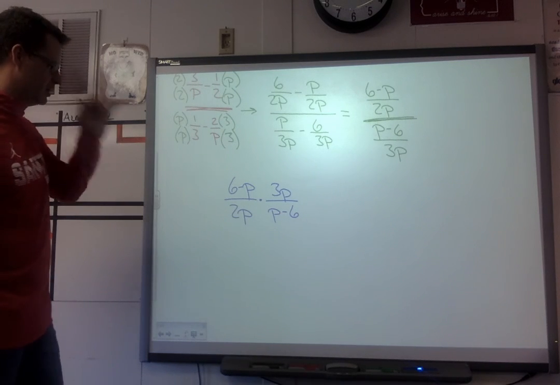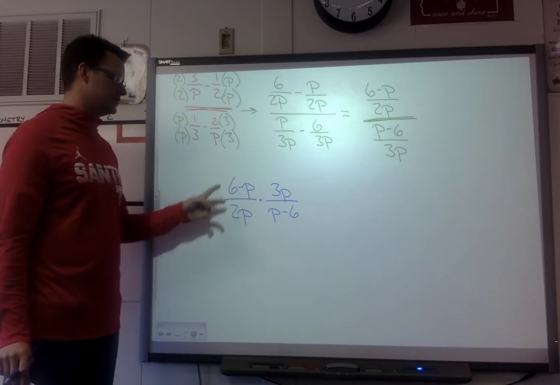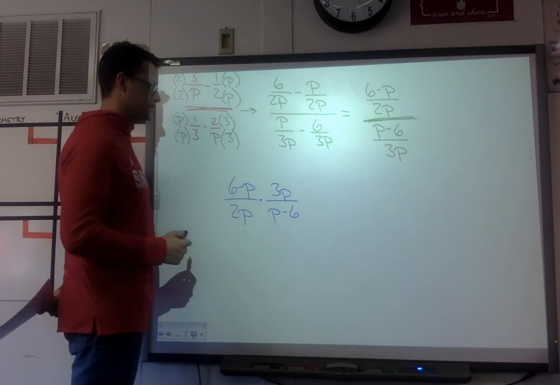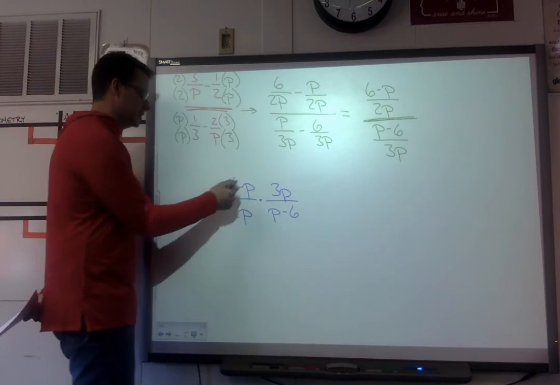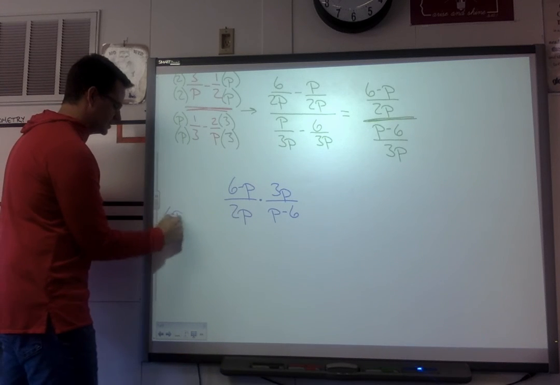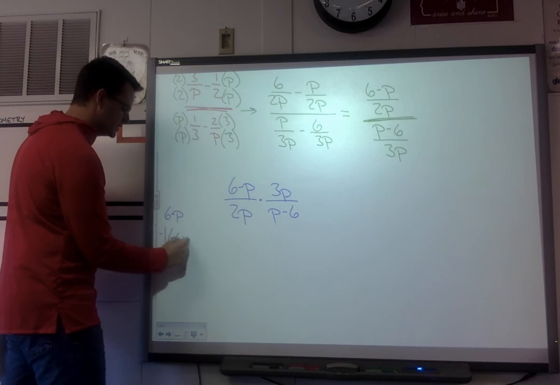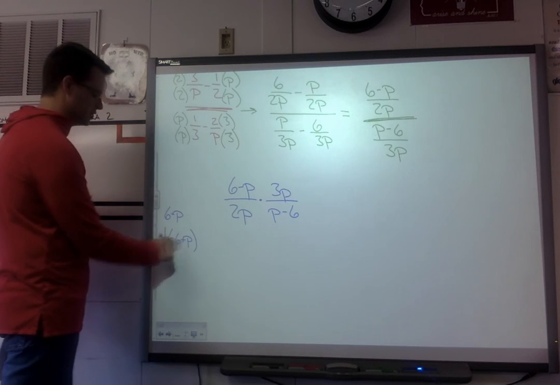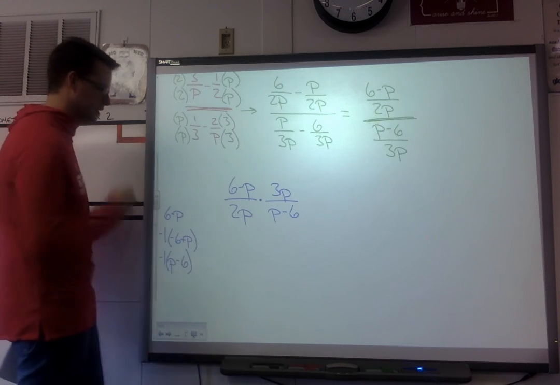Now, if you remember, in the last lesson, we learned about factoring out a -1 to be able to change the order of a term. So I've got a 6 minus p and a p minus 6. I can turn this 6 minus p into p minus 6 by factoring out a -1. If I take 6 minus p, and take a -1 out of that, it leaves me with -6 plus p, which I can change the order of to be -1 times p minus 6.